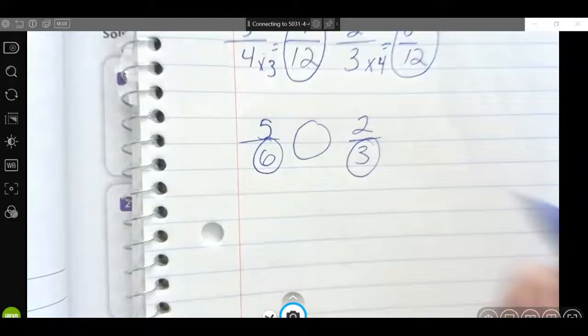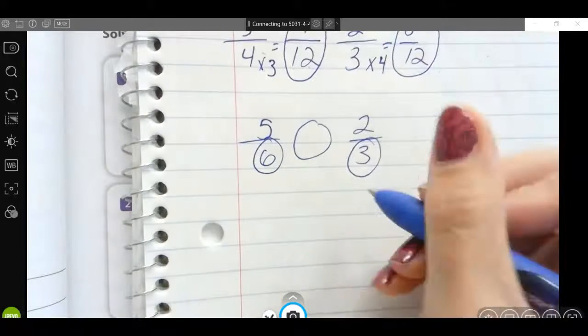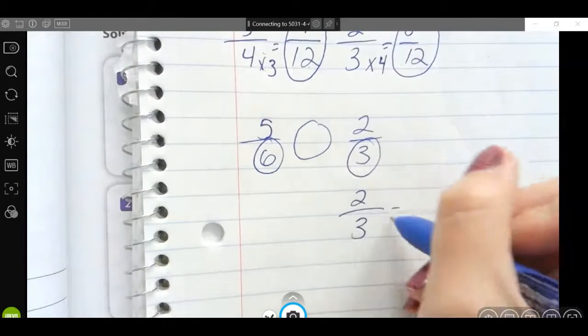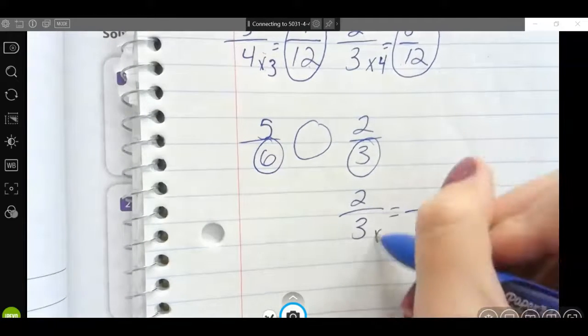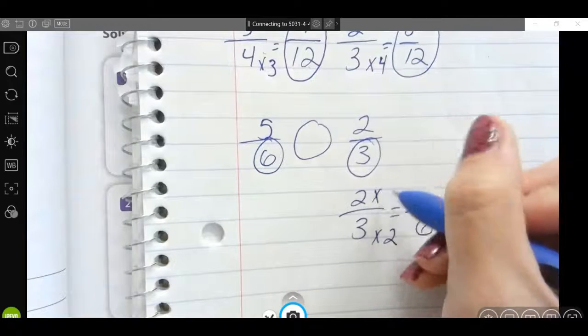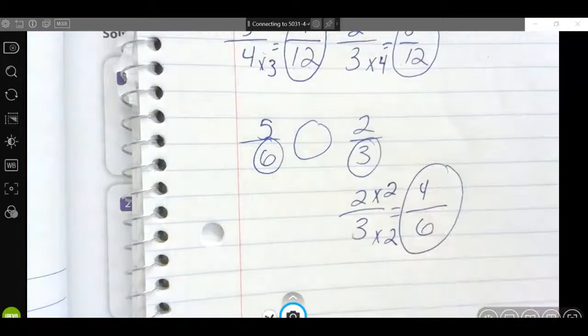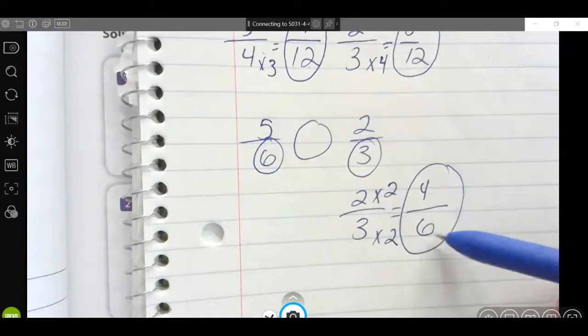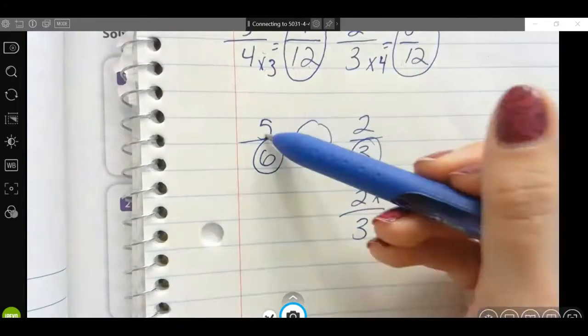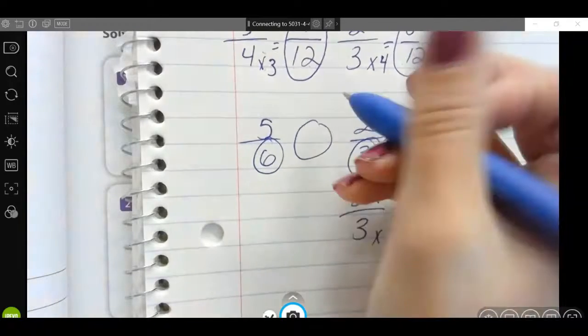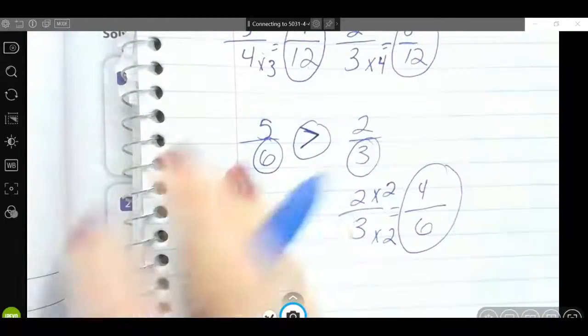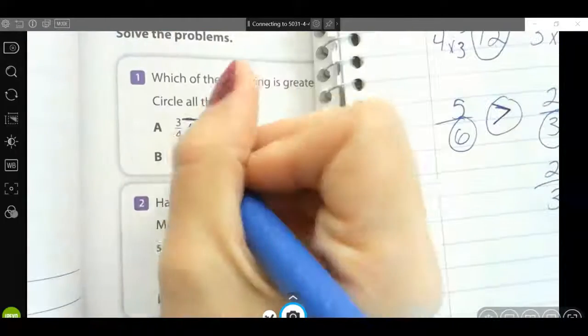Which fraction are we going to change? 2/3, to have a common denominator of 6. So multiply by 2. Yep, thank you. Perfect. So 2/3 has an equal fraction of 4/6. So which is greater? 5/6 or 4/6? 5/6. Okay.